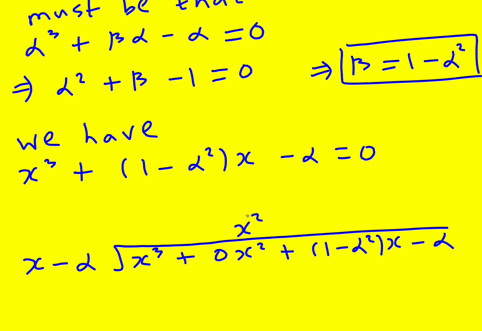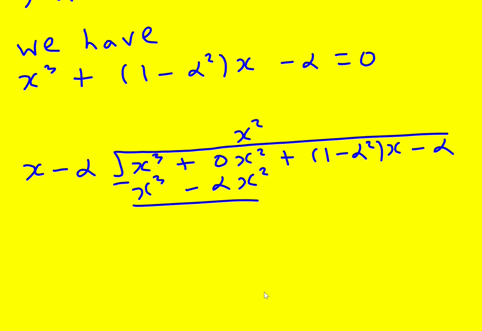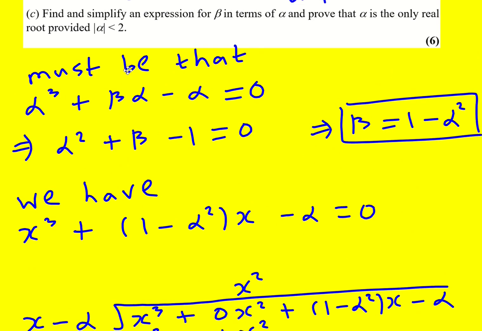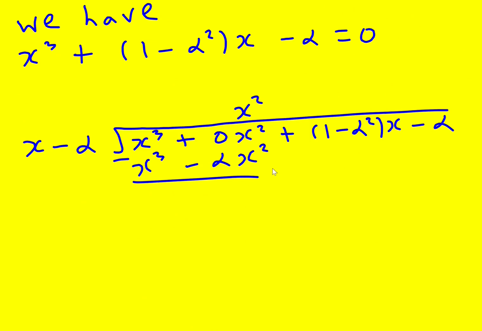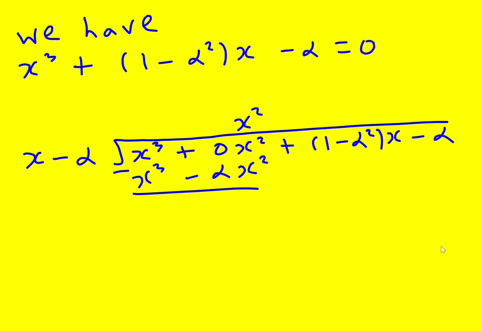Okay, x is into x cubed, go x squared times, multiply through. It's a little bit weird, but just do it exactly as you would with numbers. You just don't know what alpha is, because we're trying to prove it's true for all alpha, essentially, provided the modulus is less than 2.